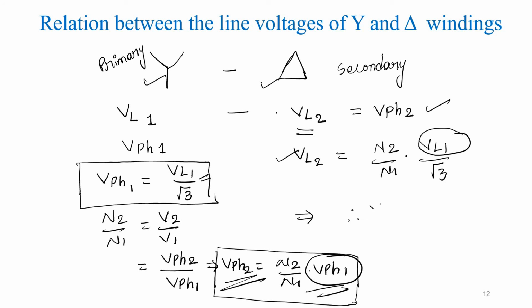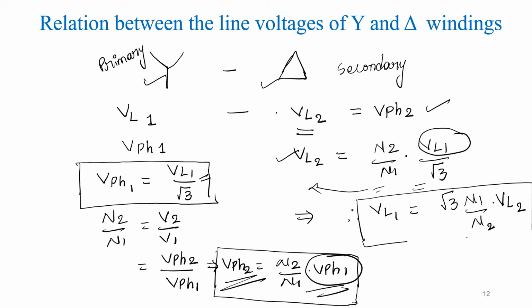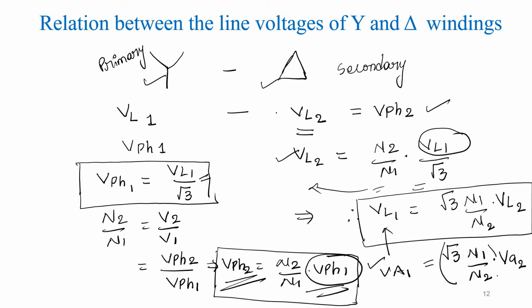Therefore, VL1 is equal to root 3 times, if you send this term to this side, you will get root 3 N1 by N2 into VL2. So now what we have got here, this VL1 is nothing but VA1 is equal to root 3 times N1 by N2 into VA2. So this factor will relate the rated line voltages with respect to the star and the delta side.